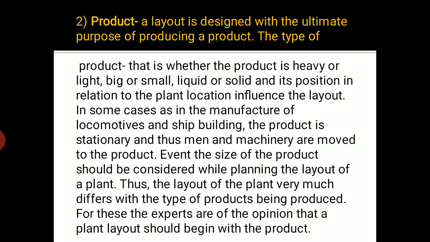That is why product plays an important role. Even the size of the product should be considered while planning the layout of the plant. Thus, the layout of the plant very much differs with the type of products being produced.